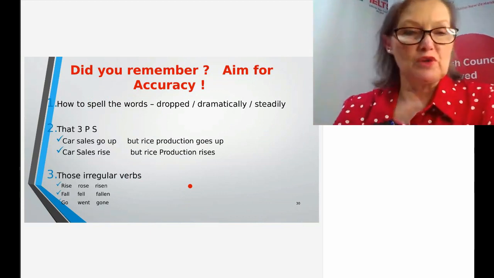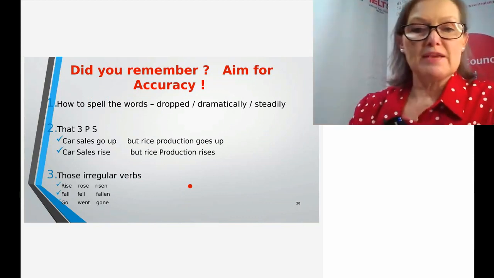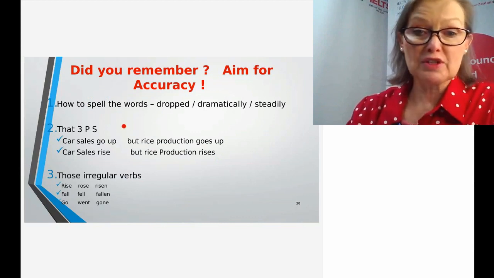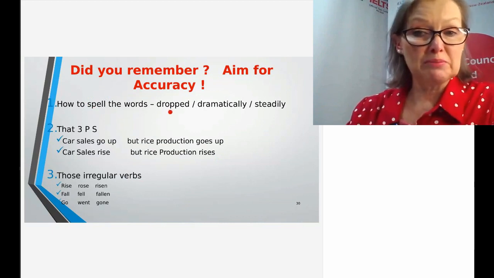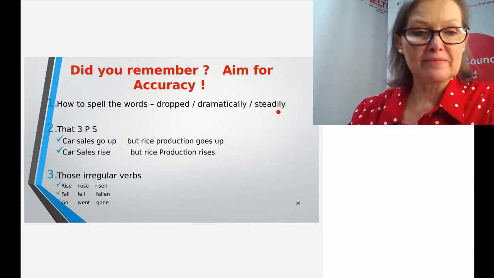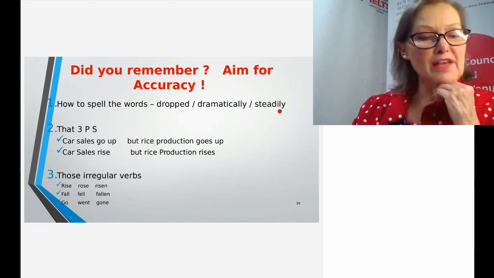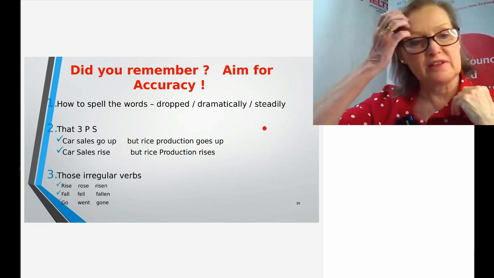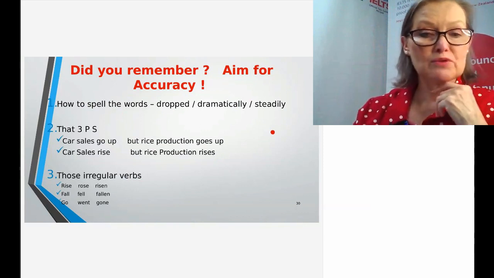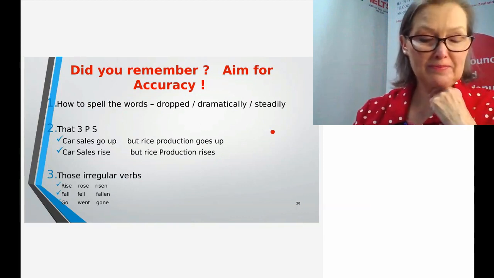So when you wrote those verbs, did you remember to aim for accuracy? Number 1, how to spell those words correctly. Dropped with a double P, dramatically with a double L, steadily with that I. Did you remember that 3rd person singular? Car sales, countable, go up, but rice production goes up.